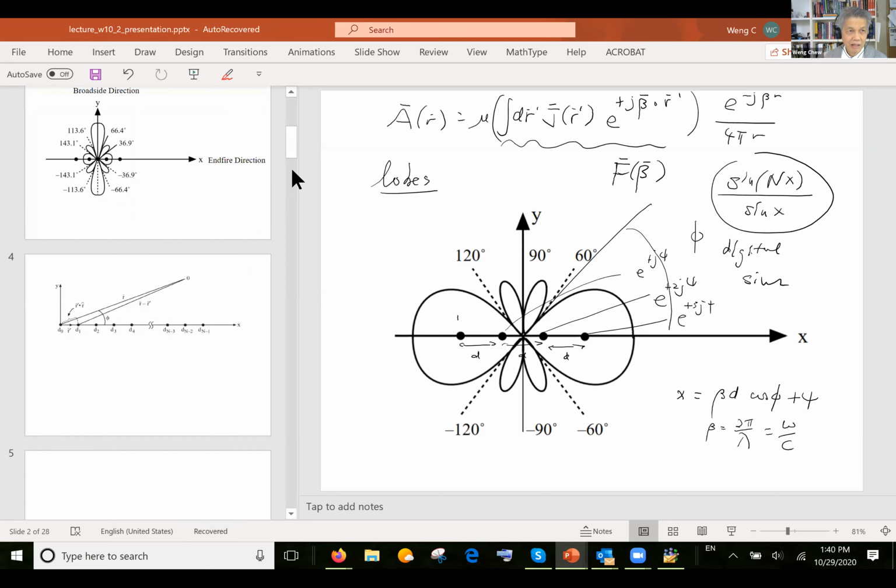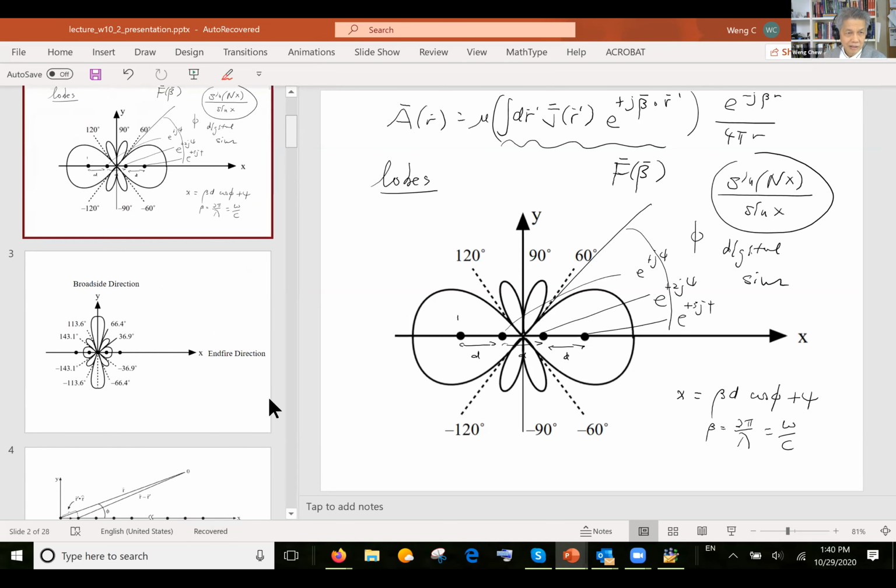So you can actually change the phasing of this array, and depending on the phi that you picked, you can get the radiation pattern to look like this. And this is, as I said before, acts constructively in this direction. Okay, this is the broadside direction.